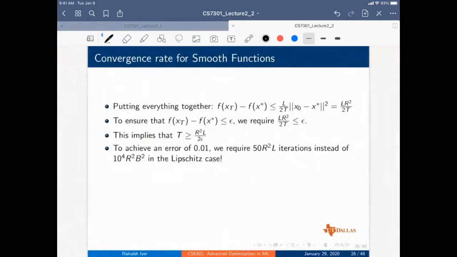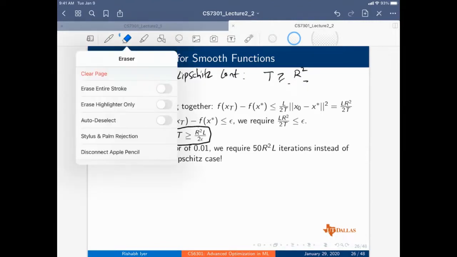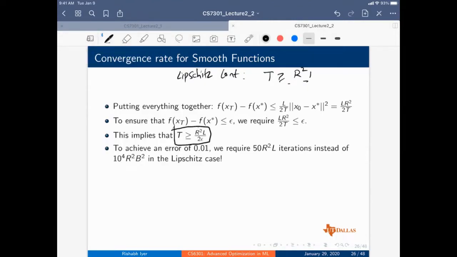Okay. So magically now, if you recall, in the Lipschitz continuous case, we had t greater than equal to, I forgot what it was, but I think it was r square b square over epsilon square. So we had a 1 over epsilon square convergence, which was very slow.